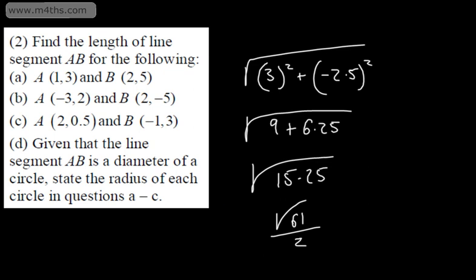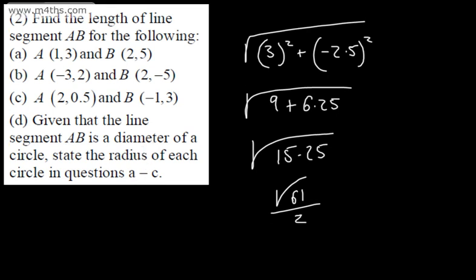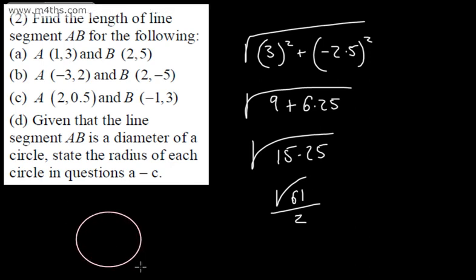Okay, in part D, it says, given that the line segment AB is a diameter of a circle, state the radius of each circle in questions A to C. Now, what these essentially say, and let's just draw this up. In fact, let's just do the last one that we've done.